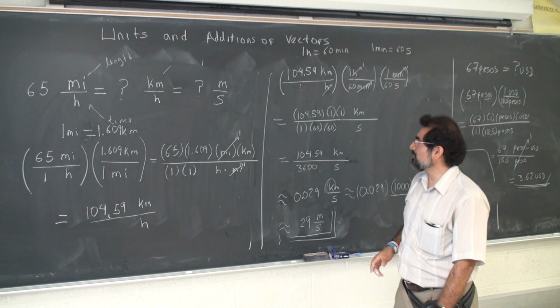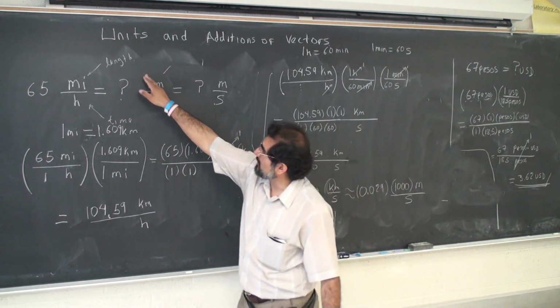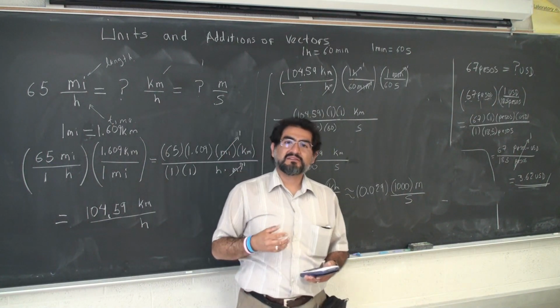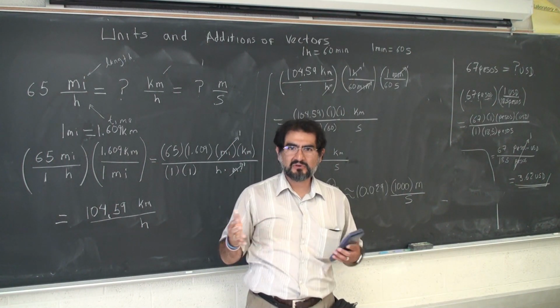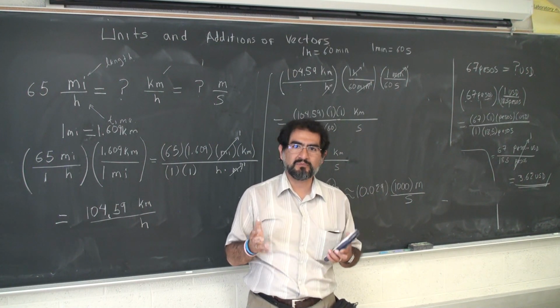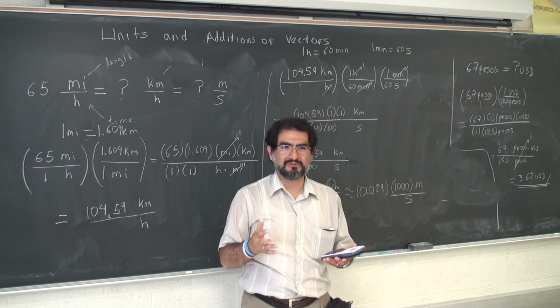But what happens when we have a prefix like this one, kilo? It's part of the scientific method. The international system of units was designed to simplify the transformation of units, so don't think too much about that.